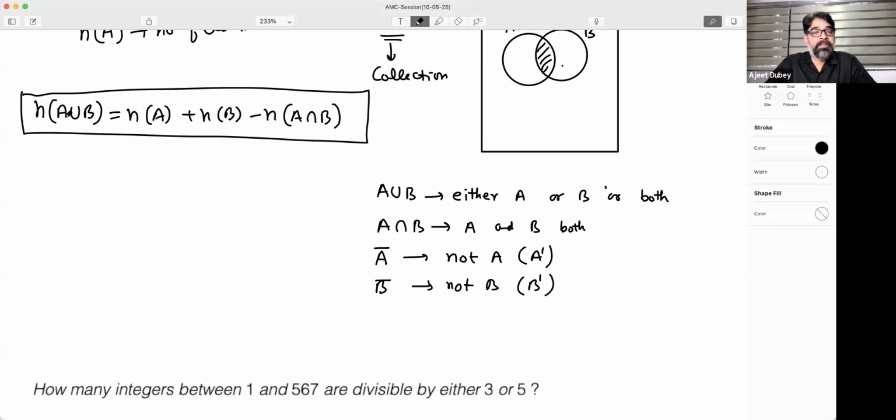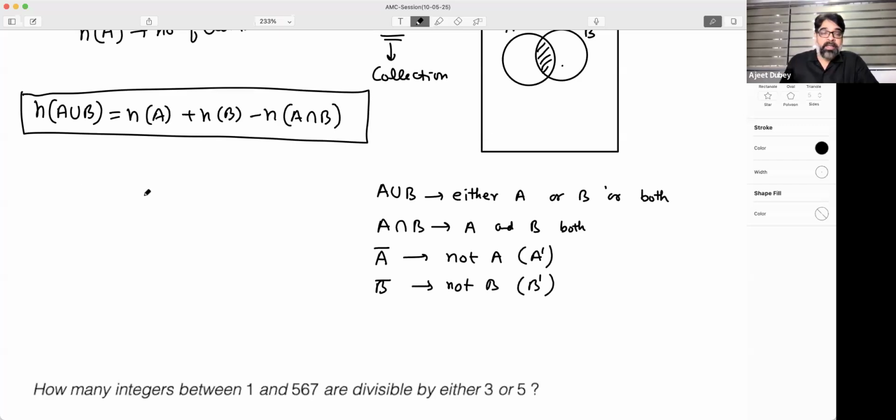N of A union B means I want how many elements are there either in A or in B or both. So I will say that will be the number of elements in A plus the number of elements in B. But when I do this plus, what happens? There are common elements between A and B, so they will come two times.